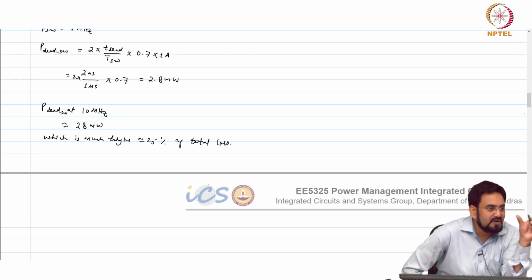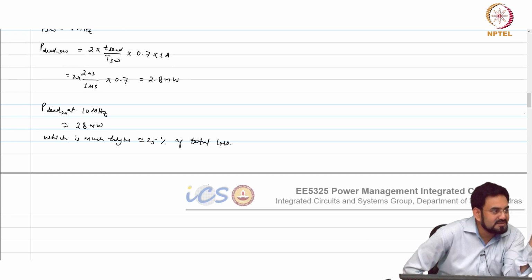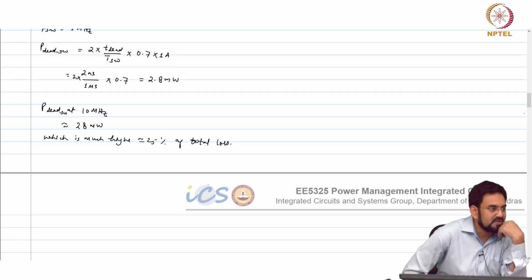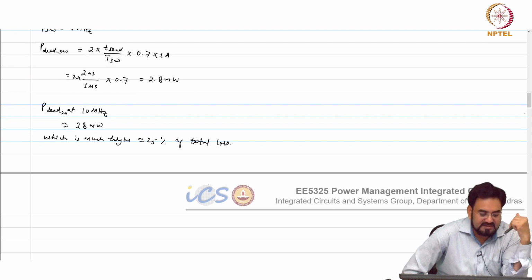That 10 milliwatt is the total of your I square R plus switching loss. I square R loss will automatically scale down because now your load is roughly 1/10. 1/10 means 1/100 will be the I square R losses because it is a square. So, that will not dominate in that case, but the switching loss will start dominating and limit your efficiency.